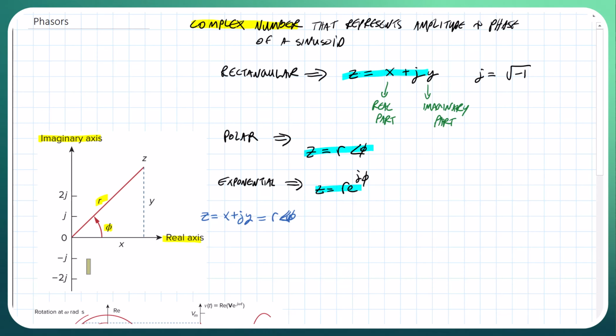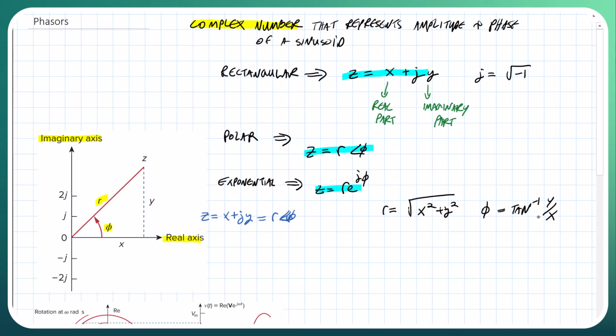Given these three different formats, we can define a couple more things. We can define our r and our phi here. r is going to be the square root of x squared plus y squared, and phi is going to be tangent inverse y over x.